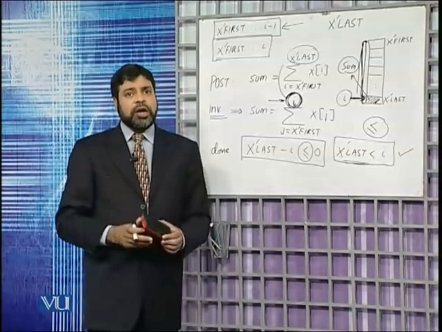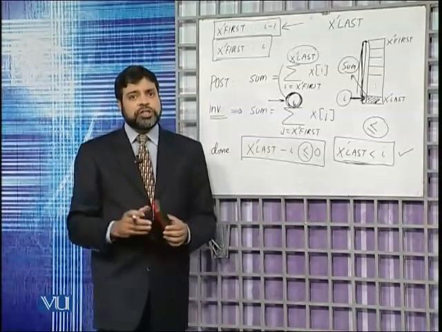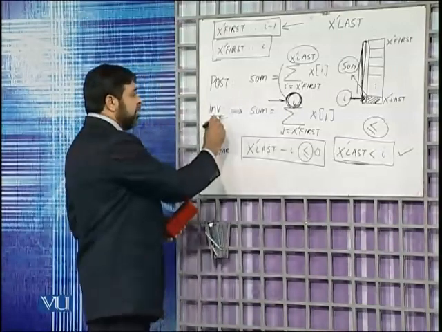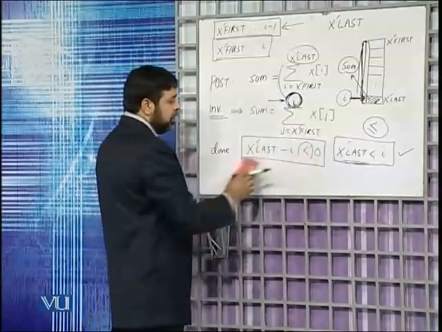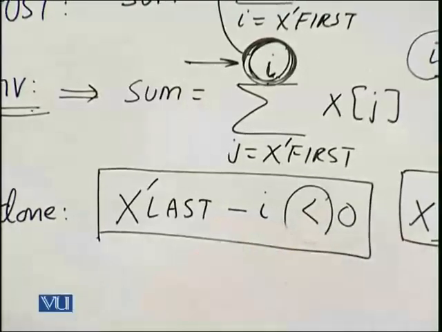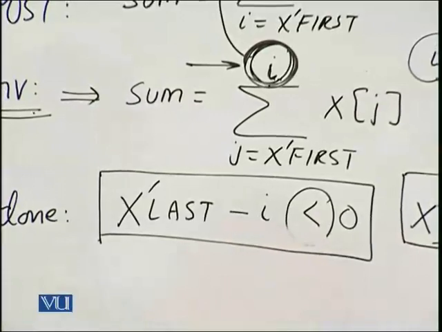So now let us go back and let us just assume that this is my invariant condition, the way I wrote it, and my done condition is either this one or that one. Both of these are equivalent.